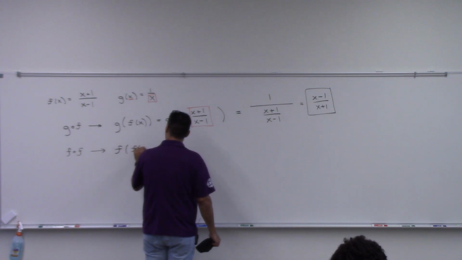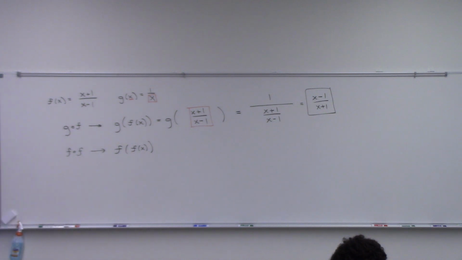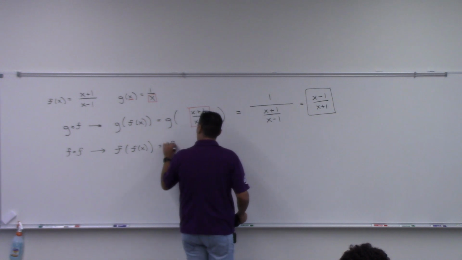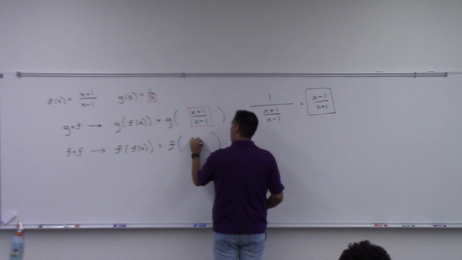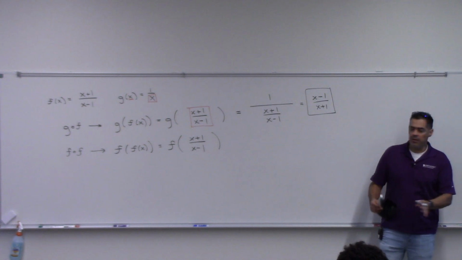F. So I'm going to take f, and inside of it, I replace it with f of x, which is x plus 1 over x minus 1. Right? That's f being plugged into itself.